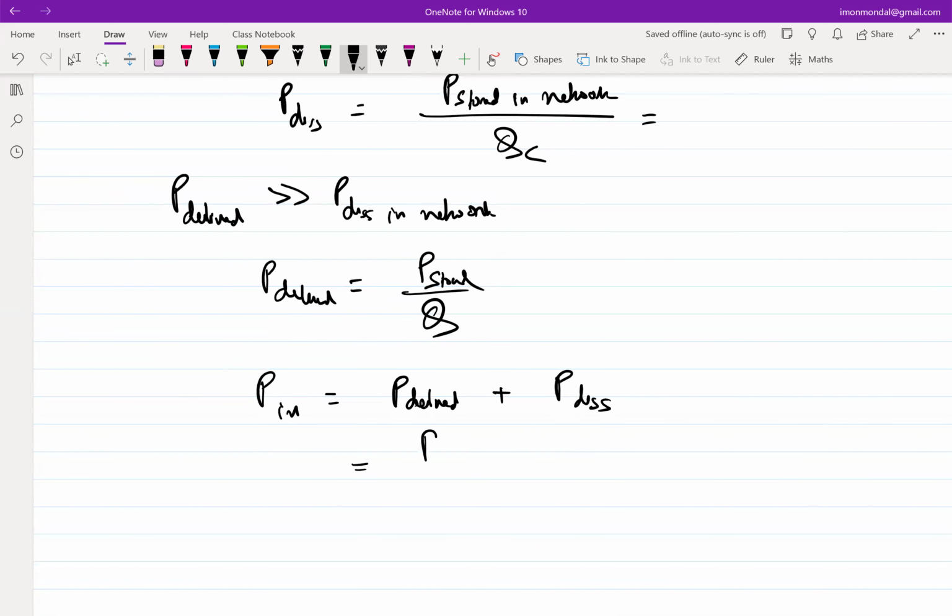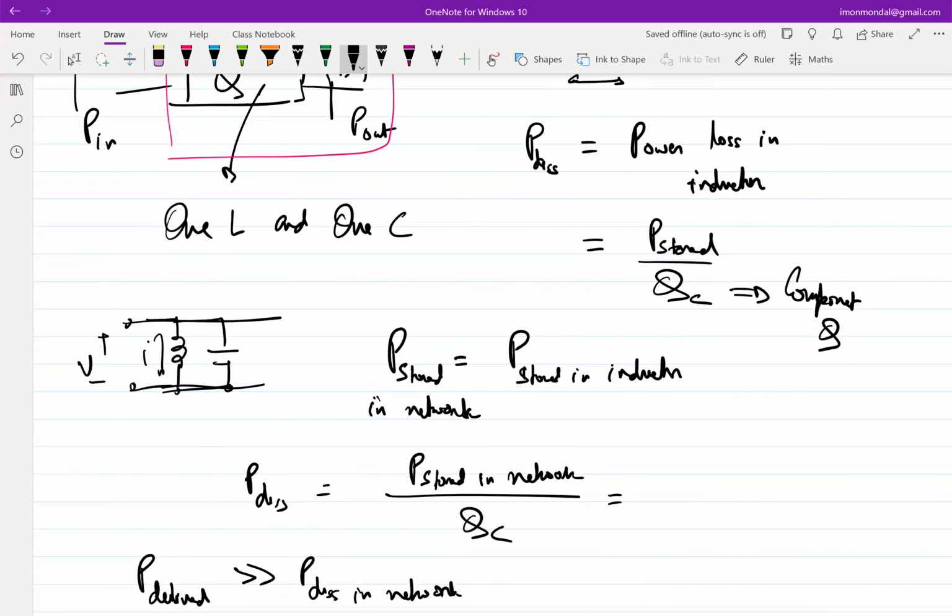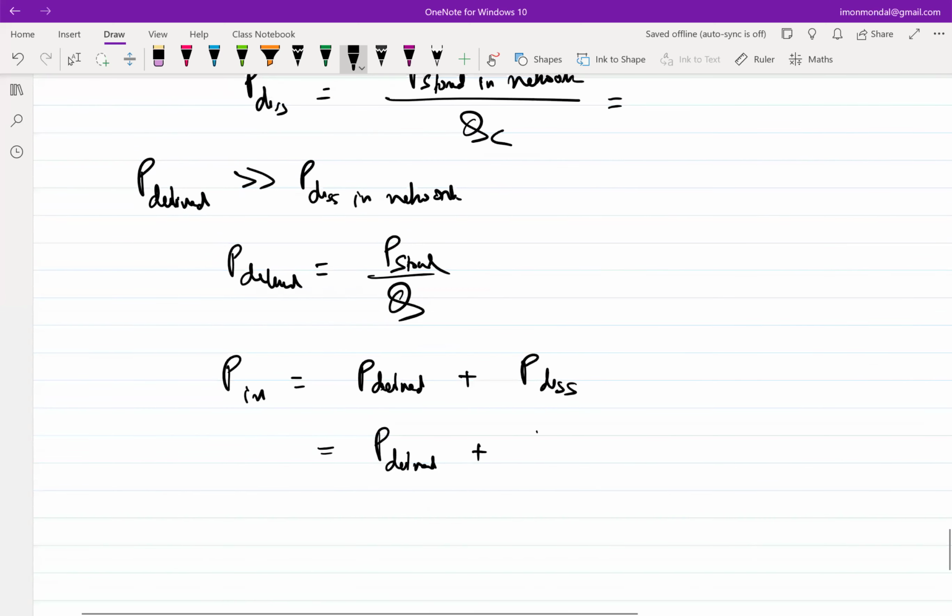Power delivered is power stored by Q. Sorry, I'll just keep it as power delivered plus power dissipated. Power dissipated is power stored by component Q. This is power stored by component Q.